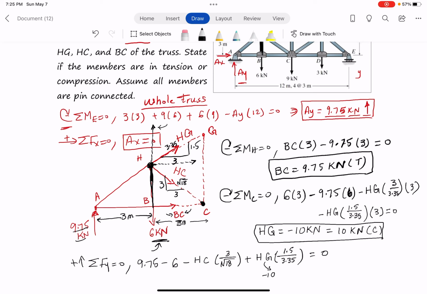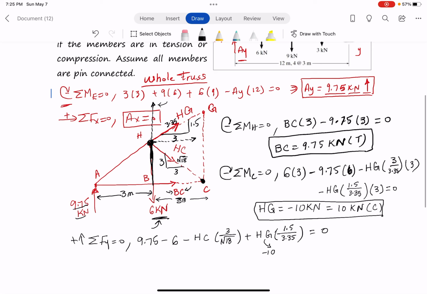Okay, good. You will use the calculator to find the force in member HC, and that would give you minus 1.03 kilonewton, and this is 1.03 kilonewton compression.